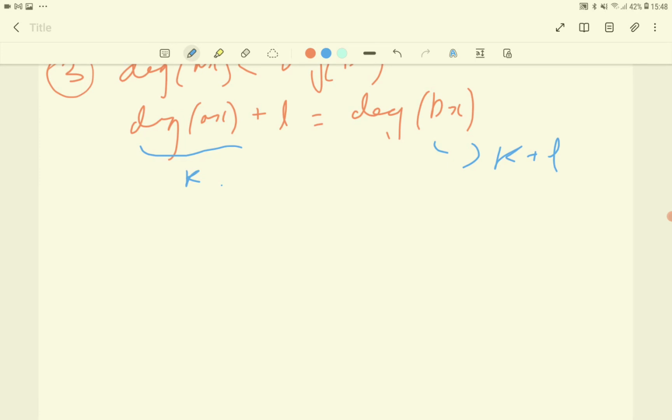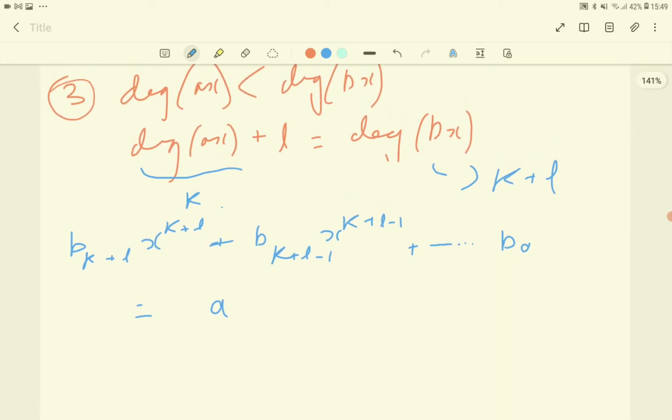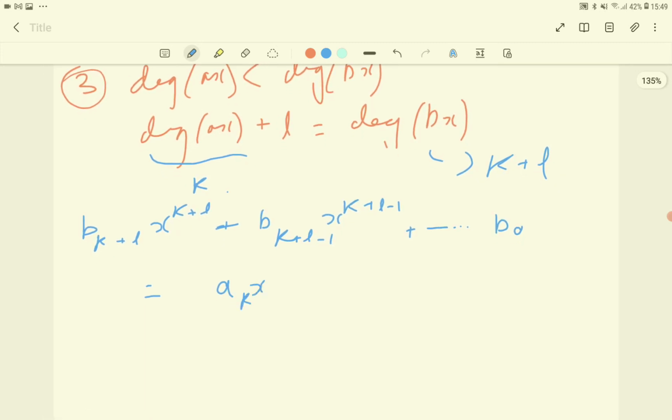You basically have b_{k+l} x to the power k plus l, plus b_{k+l-1} x to the power k plus l minus 1, and so on till b_0, is equal to a_k x to the power k plus a_{k-1} x to the power k minus 1 plus and so on till a_0.